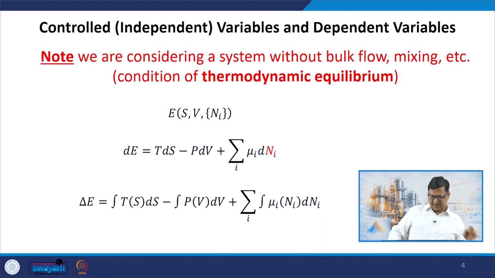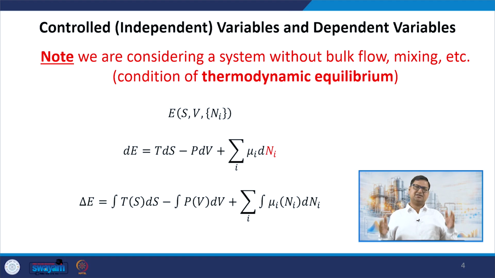So, now there is a very interesting notion of controlled or independent variables and dependent variables, right. And it is very important to understand what that means. In all the discussion that we will do in this class, and in general in thermodynamics, we are considering a system that does not have any kind of bulk flow, not like a pipe flow where things are flowing.